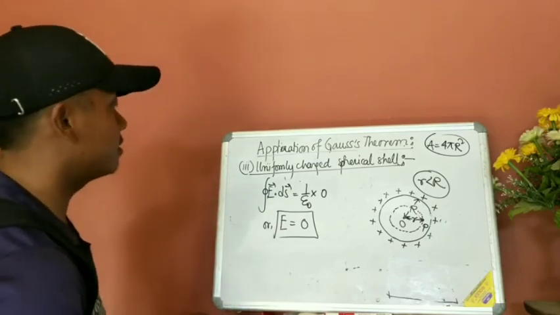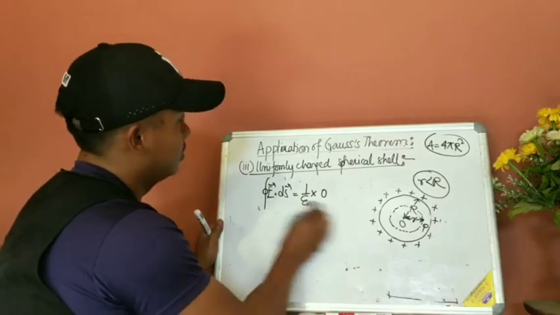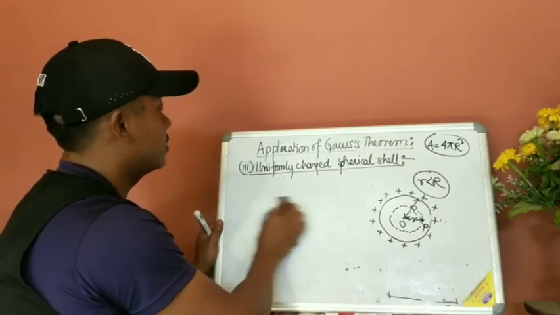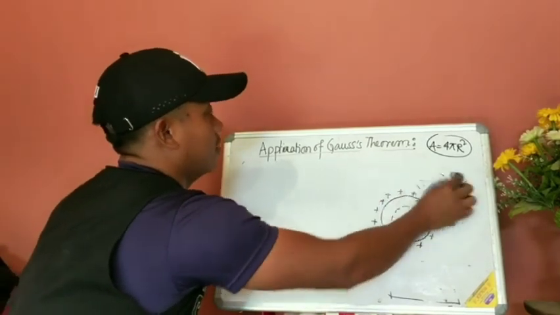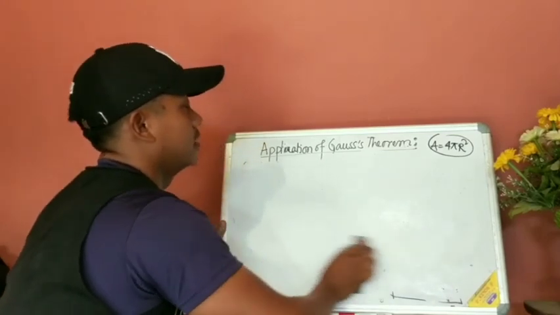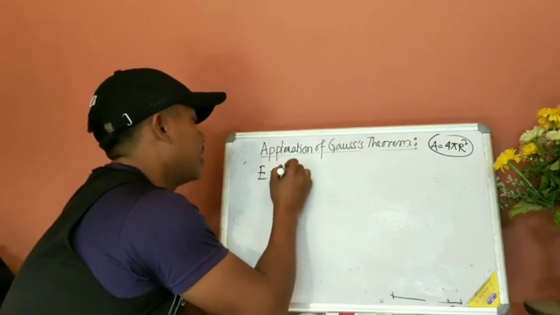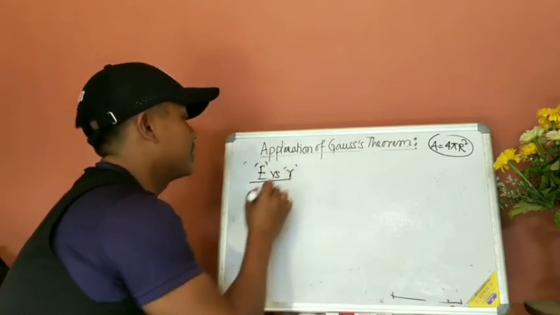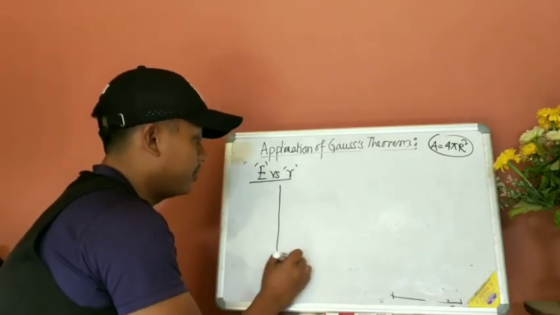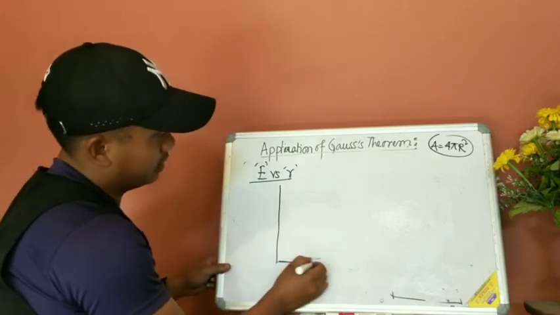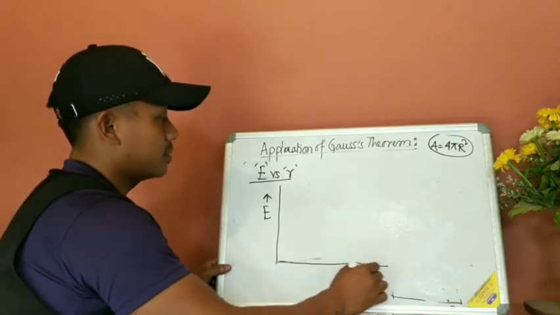So these are the three conditions, and I hope you are clear about these three different conditions of the applications of the Gauss theorem. Now, let us imagine when you draw the graph between E and R, E versus R. E is the electric field due to the spherical cell, and R is the distance of measurement. E is plotted in this direction, R is plotted in this direction.